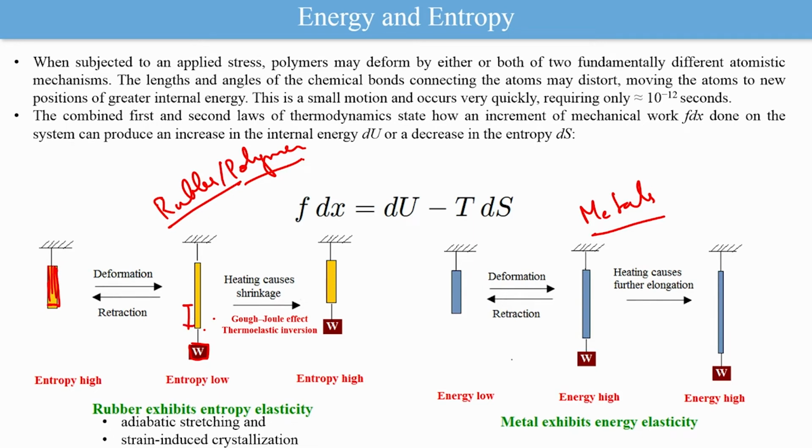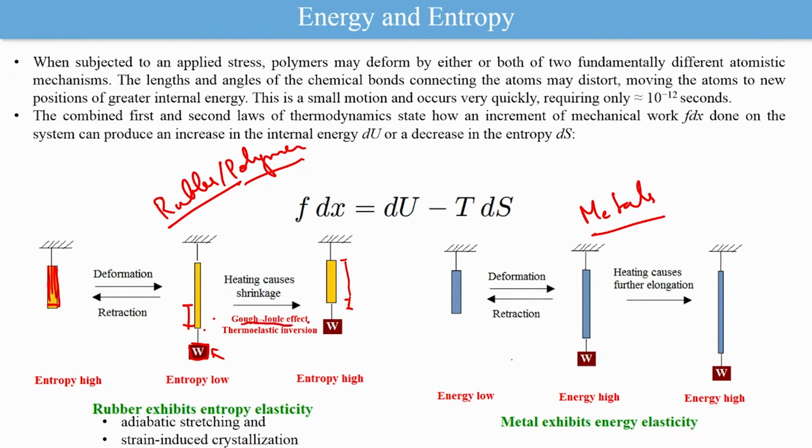Now, if you apply some heat to this rubber when it is already under a weight W, you can notice that the rubber will shrink back, maybe not to its initial position, but at least it will shrink back to a reduced length. And this is called the Gauss-Joule effect.